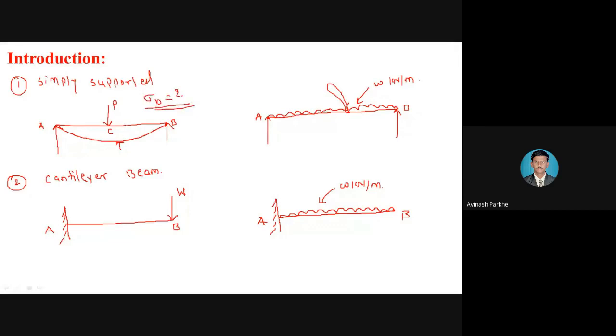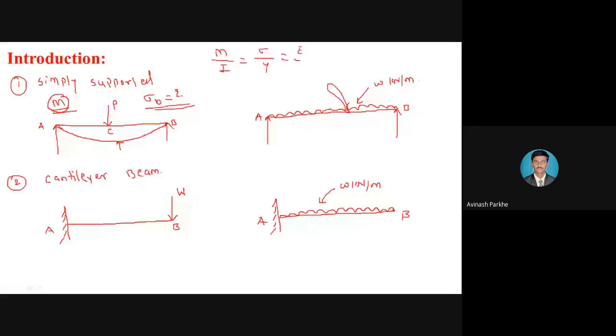To calculate the bending stress, initially I have to calculate the bending moment, capital M, at that particular point C. As the point load is applied at the center point, or at point C, initially I have to calculate the bending moment M at point C, and by using this bending moment I can easily calculate the bending stress sigma, because we have the formula M upon I is equal to sigma upon Y is equal to E upon R.